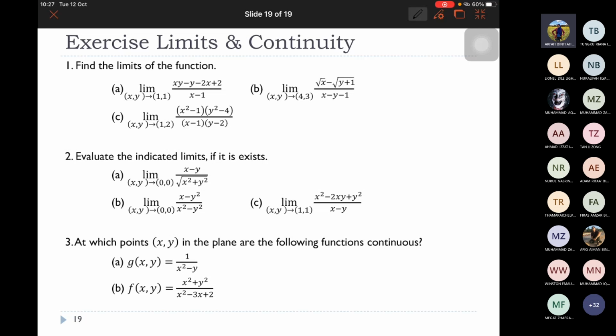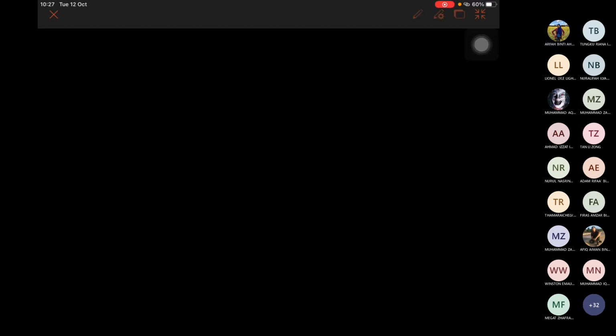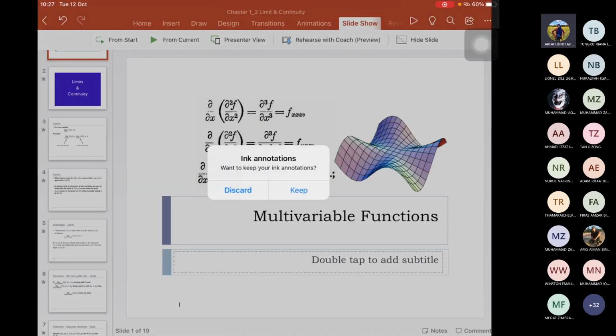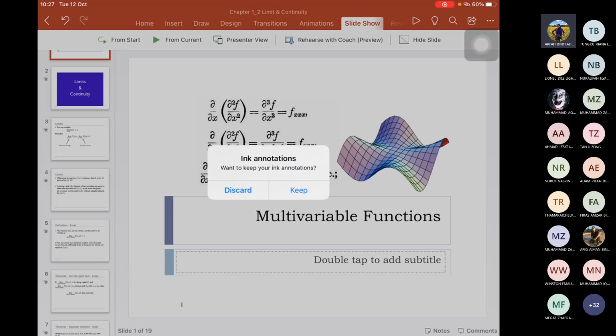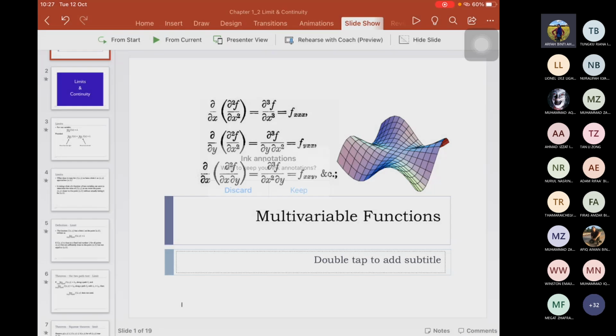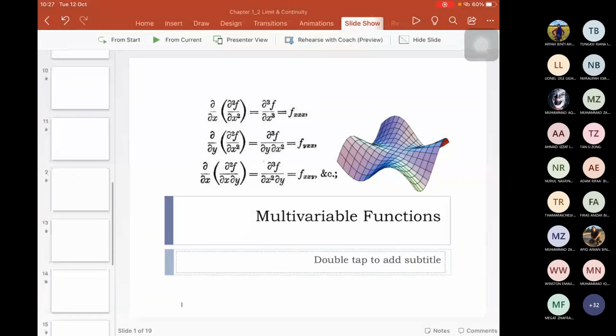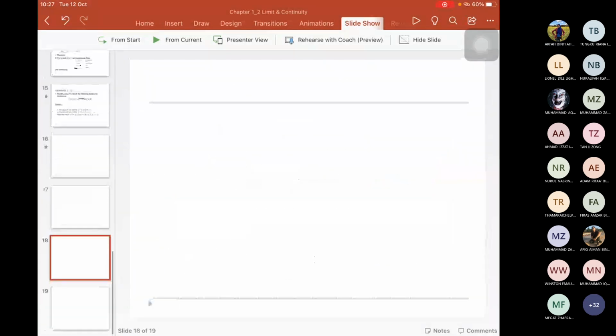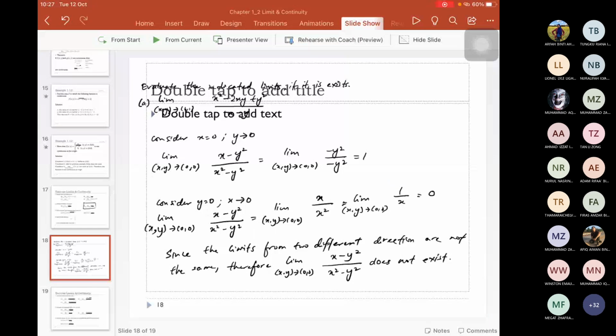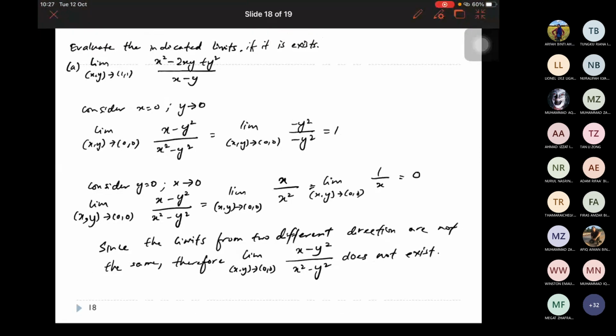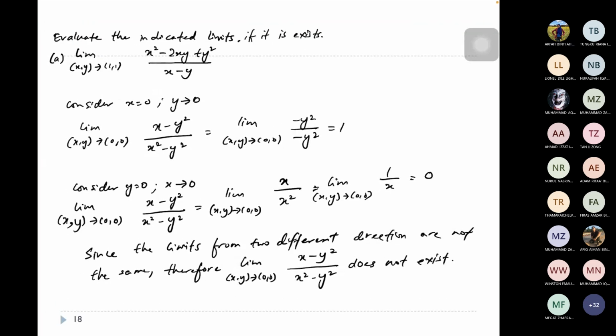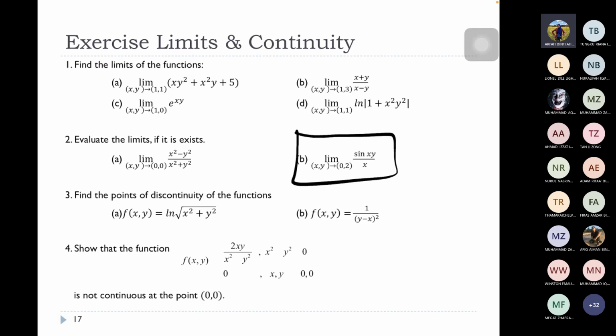Y is the one that approaches 0. Aduh, dah tak boleh padam.